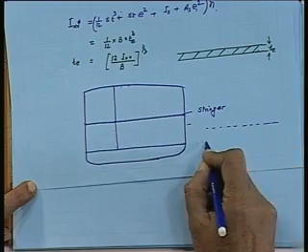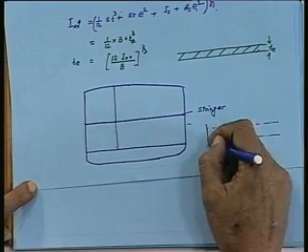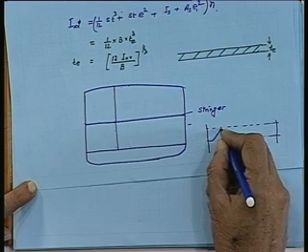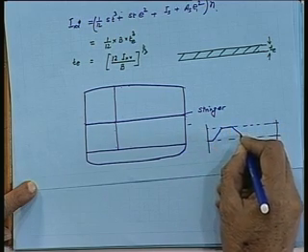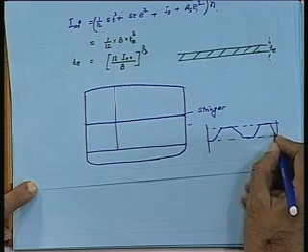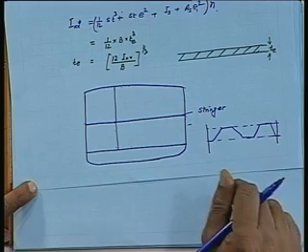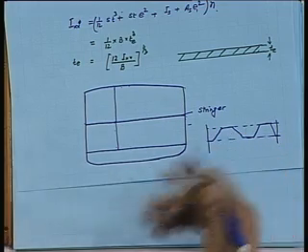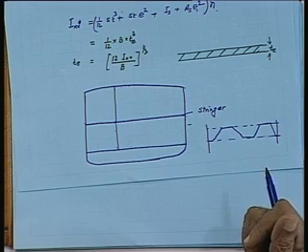Now, if that is not possible, many times you go for a corrugated bulkhead. So, you have the space here, this is the side shell, and then you go for a corrugated bulkhead like that. Now, this corrugation also tries to increase the transverse strength.